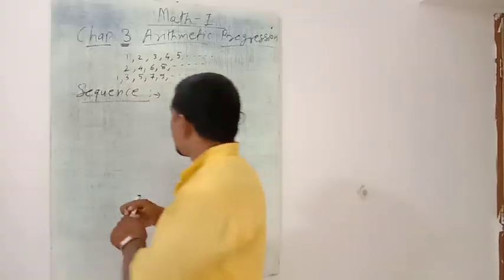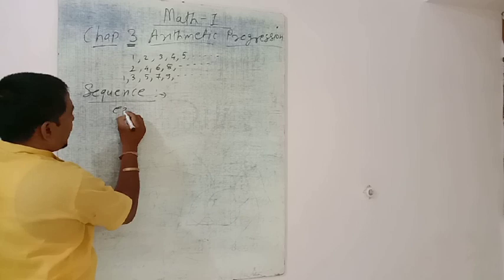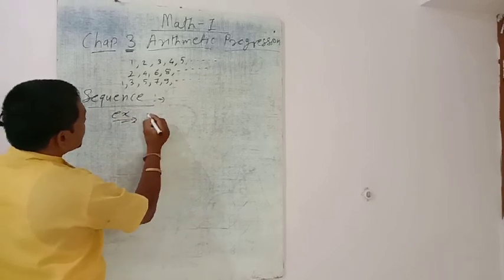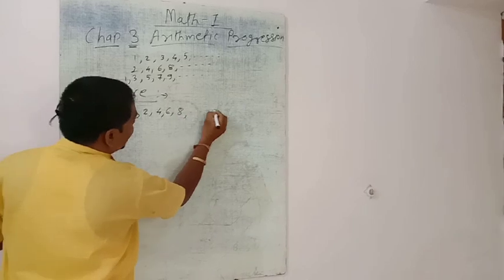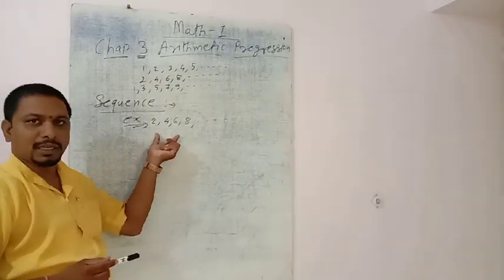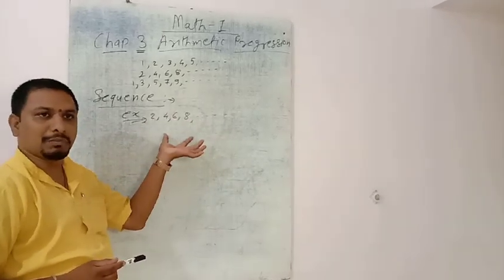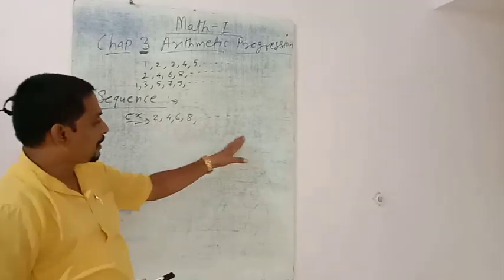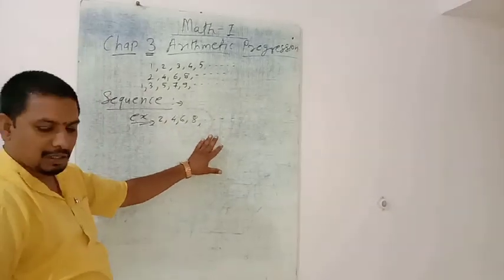Now let us take an example of a set. Example: 2, 4, 6, 8, and so on. This is a sequence, the even number sequence. All the even numbers are arranged in a definite order, so it is a sequence.